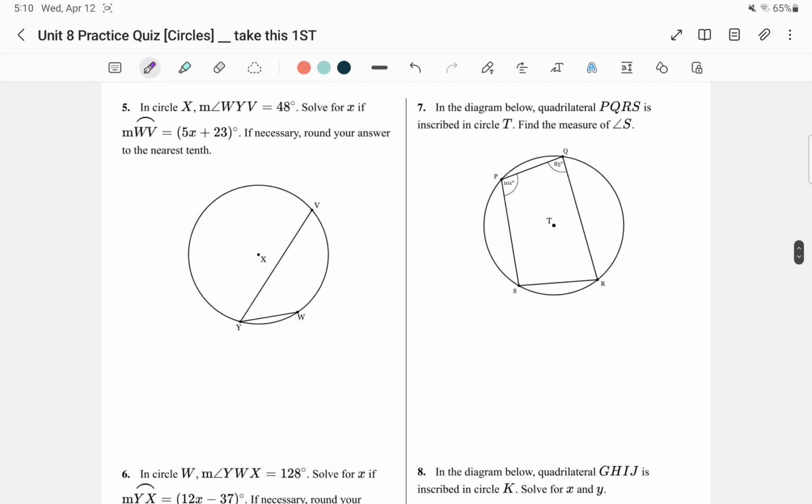So this is another inscribed angle, so we're still going to use inscribed is equal to half the arc. And this time we have some expressions, so let's put them where they go. Actually, let's first label. So WV, see how there's that swoop? That's how we know our arc right here is 5x plus 23, right?